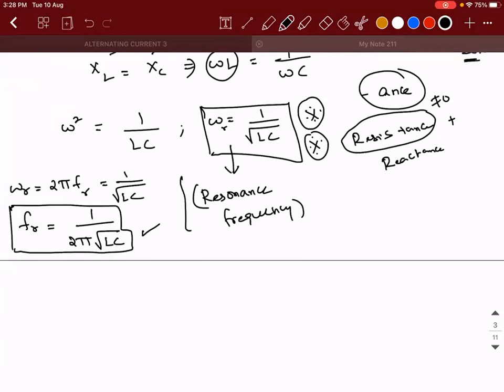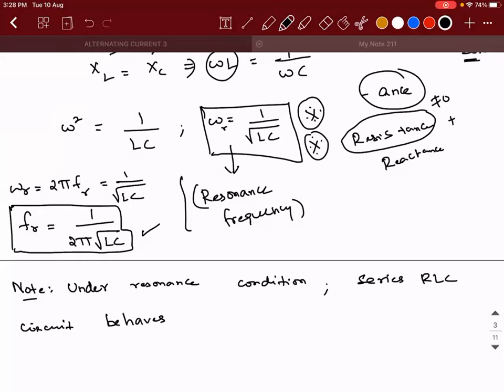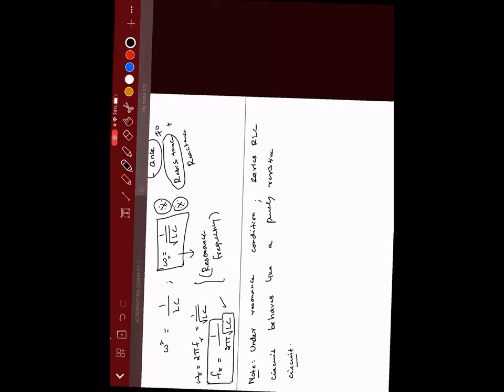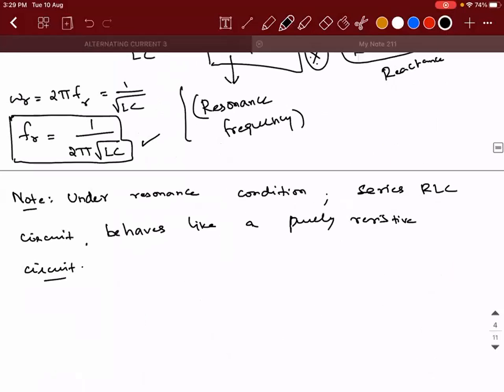Now listen, guys. The other important note I would like to mention here is, under resonance condition, a series RLC circuit behaves like a purely resistive circuit.